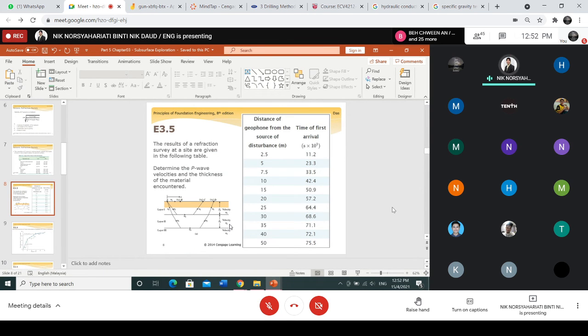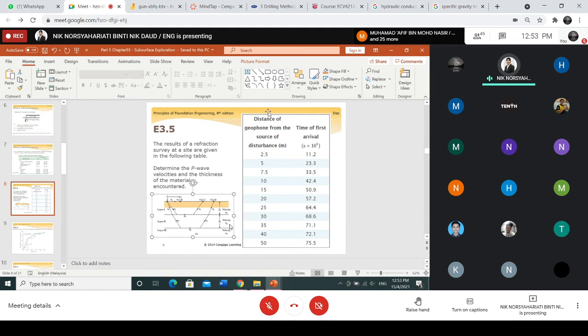Okay. Then you can look at example 3.5. These are detailed examples covered for the seismic refraction survey. You can refer to the figures for that site.